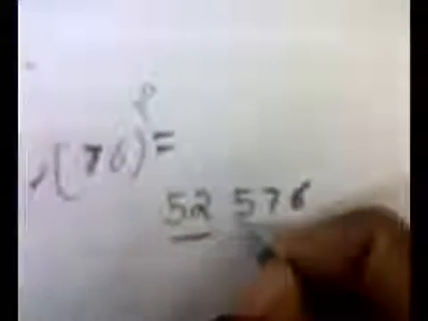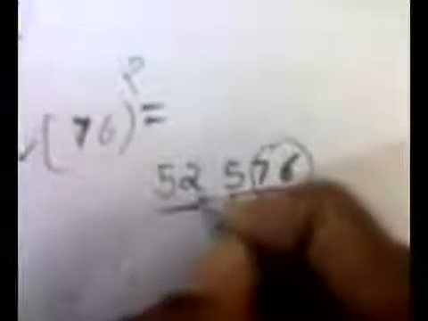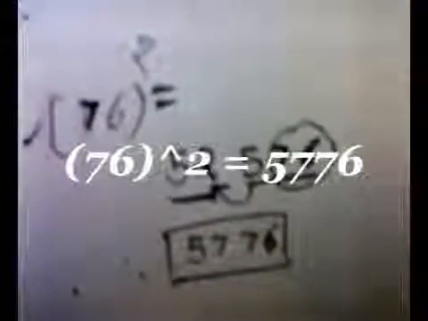It's 24, and the square of 24 is 576. Here again we get three digits, so we'll put these two digits as they are, and we'll add this 5 to 52. So 52 plus 5 is 57, so our answer is 5776.